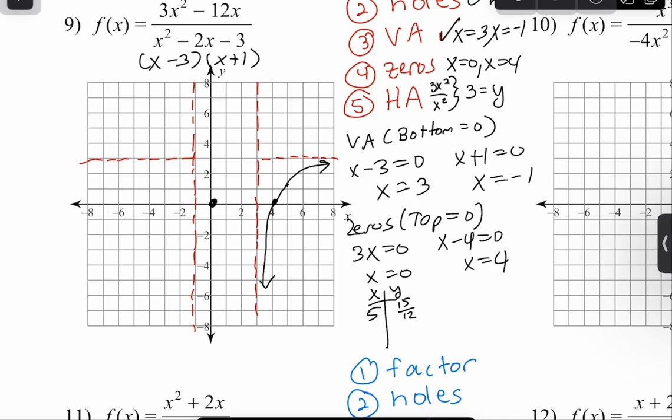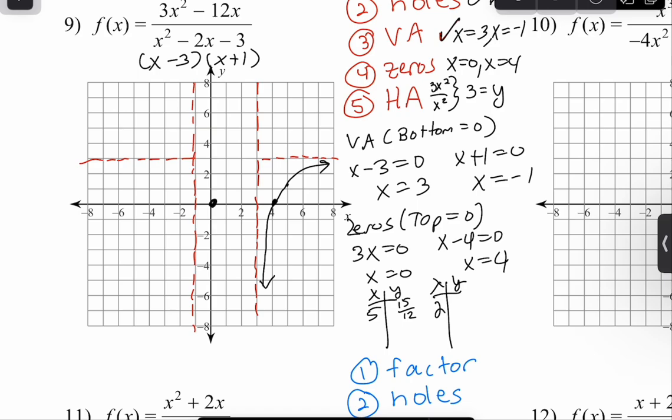Oh, that helps me. This piece now is going to go like that. Now I need to know what this thing's doing. Am I going up, then back down? Because I got to follow the asymptotes. Am I going this side up and down? Am I going both up? Am I going both down? I don't know. So let's plug in 2.